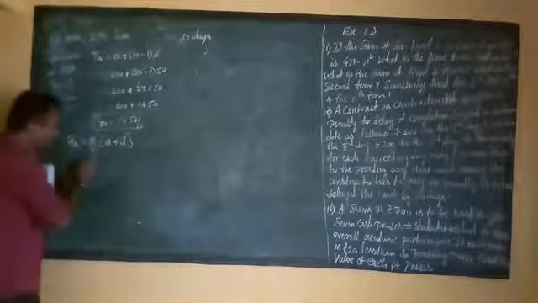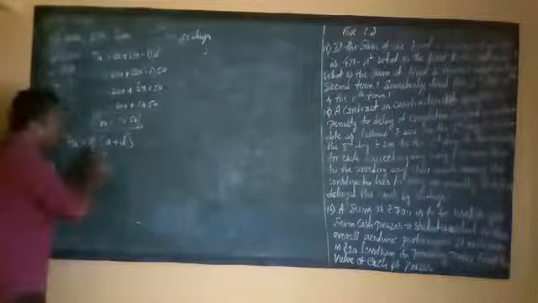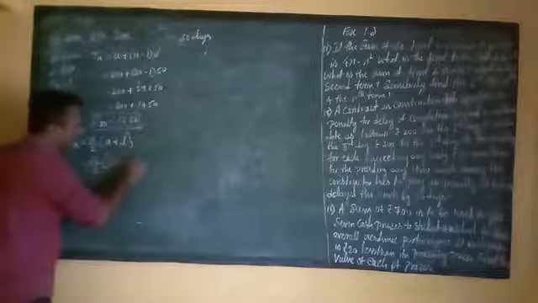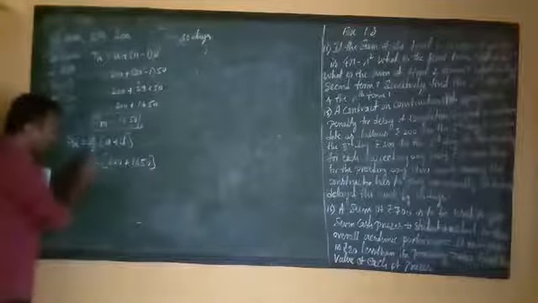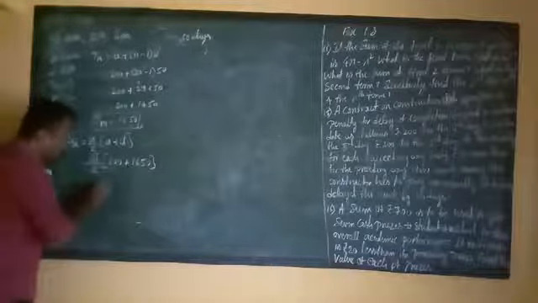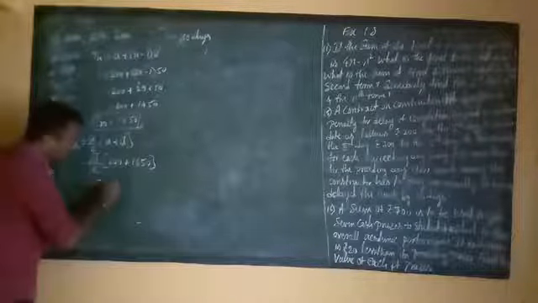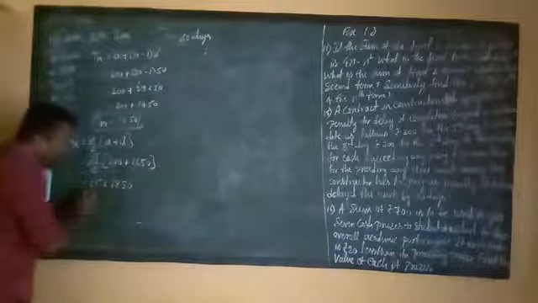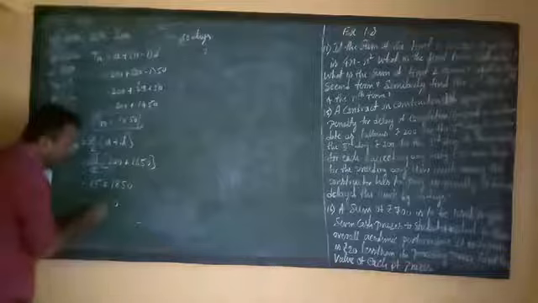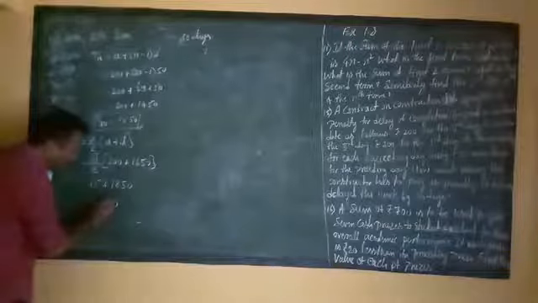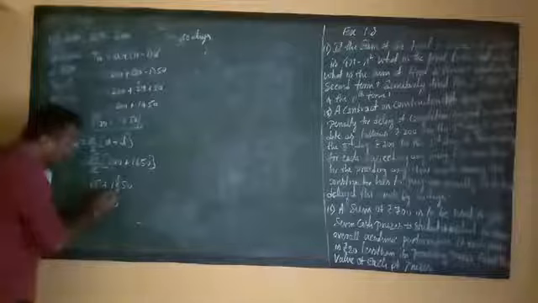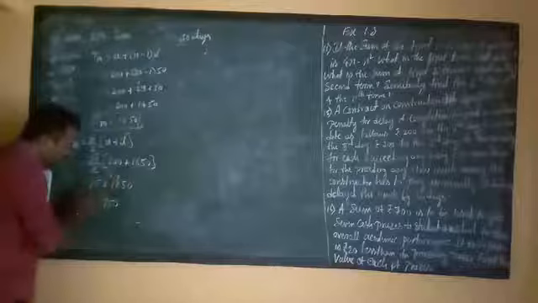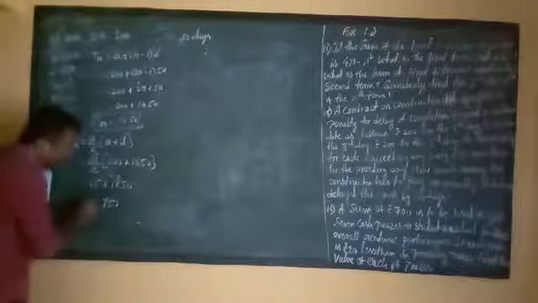So n means the number of days, 30 by 2, into a, the first penalty 200, plus the last penalty 1650. 2 ones are 2, 2 fives are 10, so 15 into 1650 plus 200, which is 1850. Multiplying 15 into 1850: 15 into 0 is 0, 15 fives are 75, 7 carry, 15 eights are 120, plus 7 is 127, 12 carry, 15 ones are 15 plus 12, 27.